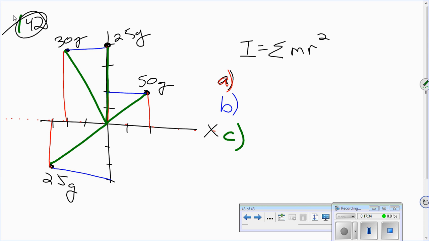So r squared is just 2 squared plus 2 squared equals r squared. You'd square root it and then square it. Is that enough? I always feel like I'm cheating you guys when I don't finish problems. Does that make sense? Okay.